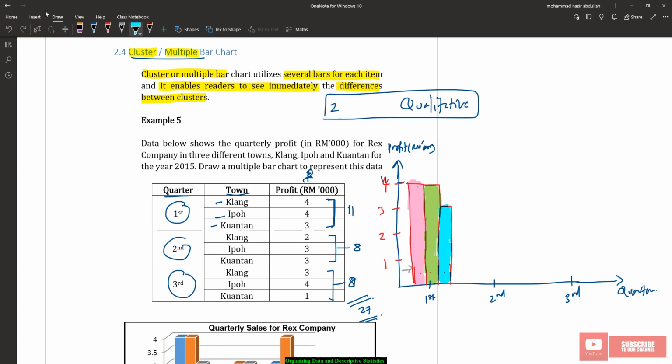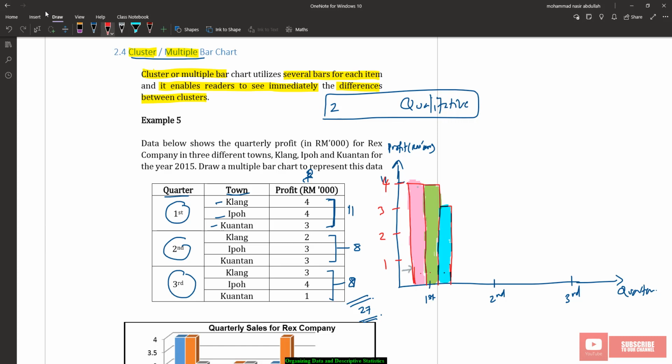Right? So, you nampak dekat sini, for each bar, dalam town ni, I tak letak space. Just side by side. It should be side by side. Right? So, because the whole thing here representing first quarter. The whole thing for Klang, Ipoh and Kuantan ni representing for first quarter.